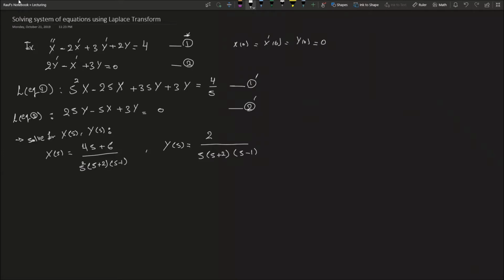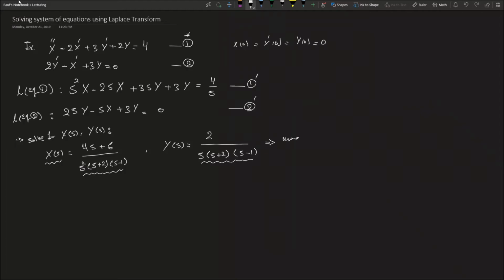Now, as we learned previously, this X of s having several terms in the denominator and Y of s having several terms in the denominator will raise a flag and ring a bell that we need to use partial fraction expansion to go back to our x of t and y of t values in the simplest form.